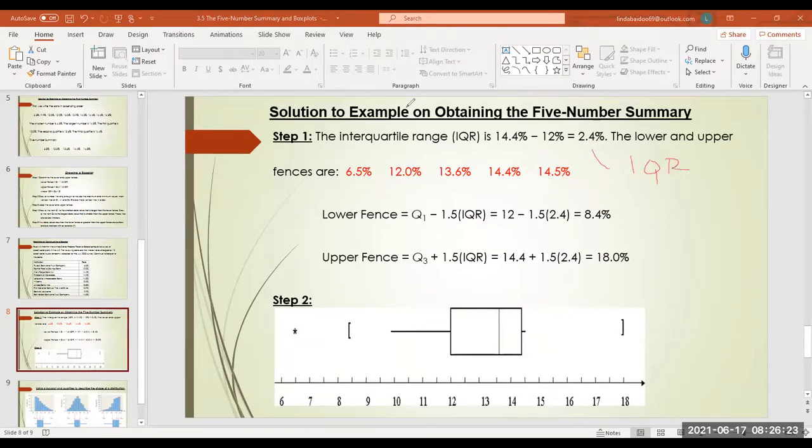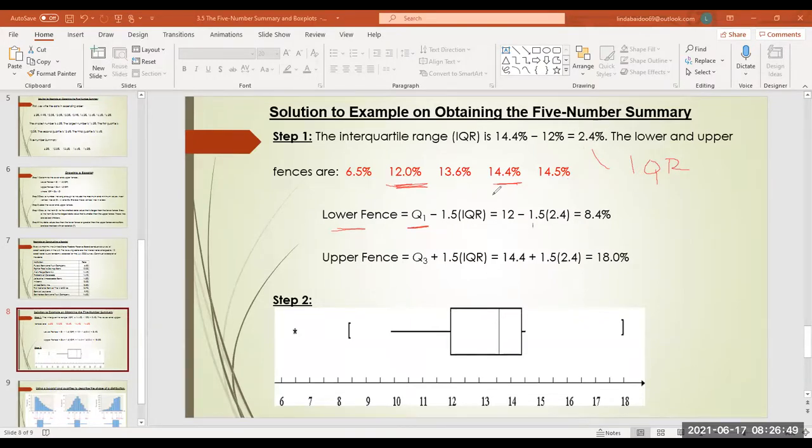Our next step is to find the lower fence and upper fence. Because it's lower, we are using Q1. Q1 is always smaller than Q3, smaller than the other two Qs. So for lower, use the smaller one. That is 12, and because it's lower, we are subtracting 1.5 times our IQR, which we got as 2.4.